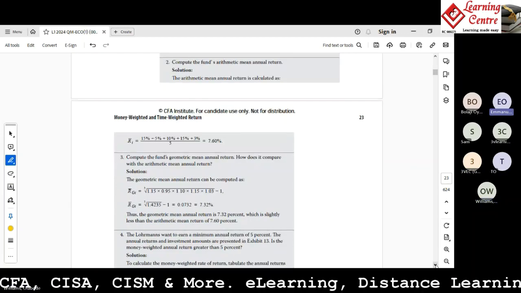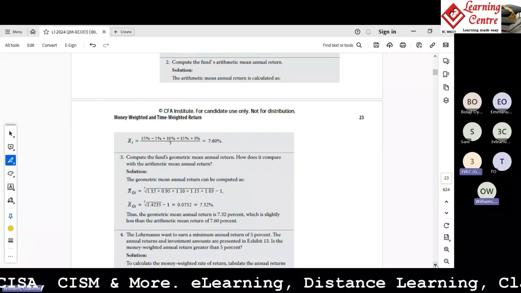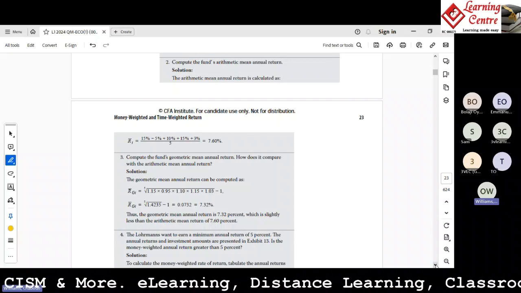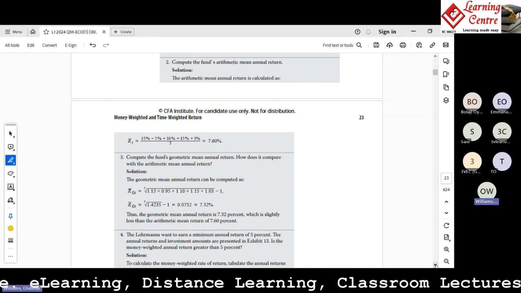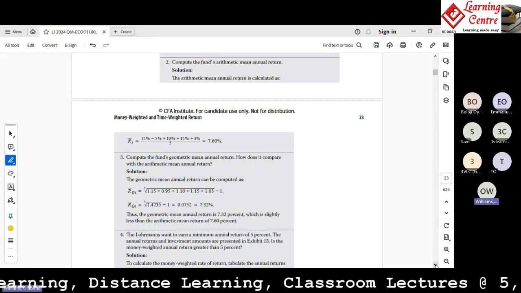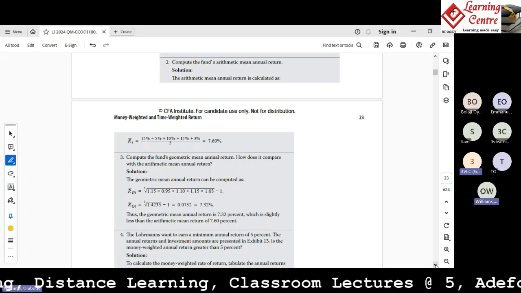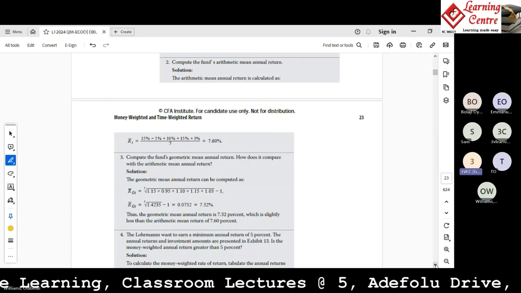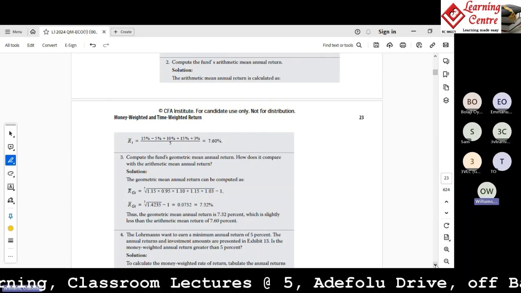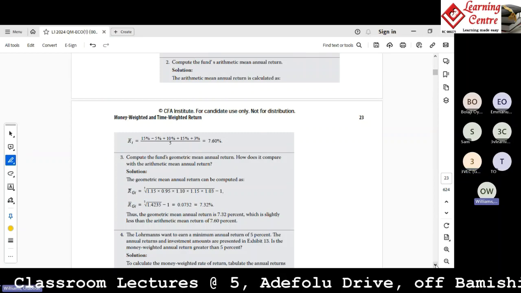Okay. Yes, sir. Now, Lawrence wants to earn a minimum annual return of 5%. The annual return and investment amount are presented in Exhibit 13. Is the money-weighted annual return greater than 5%?